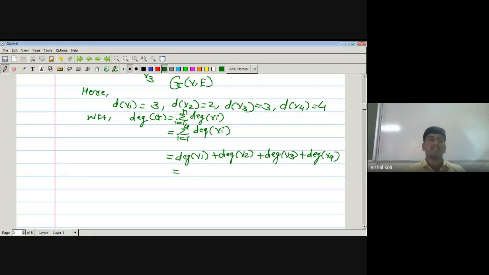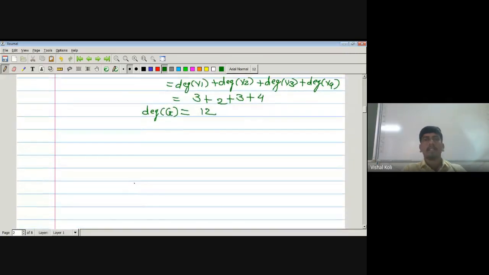Therefore, V1 is 3, plus degree of V2 is 2, degree of V3 is 3, and degree of V4 is 4, which is equal to 3 plus 3 is 6, 6 plus 4 is 10, 10 plus 2 is 12. So the degree of graph G is equal to 12. In this way we can find the degree of any graph G. If any doubt, then ask. Otherwise we will continue.